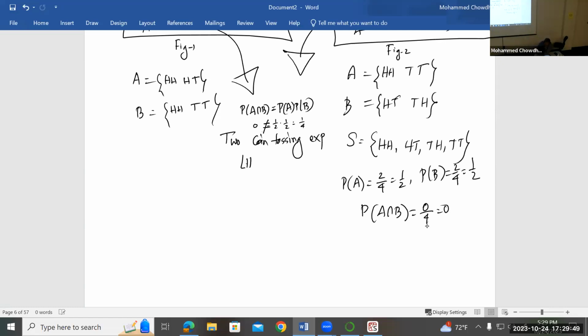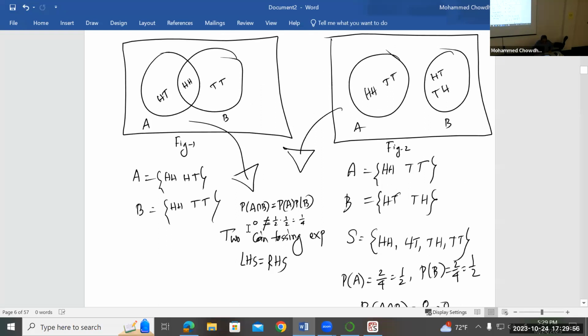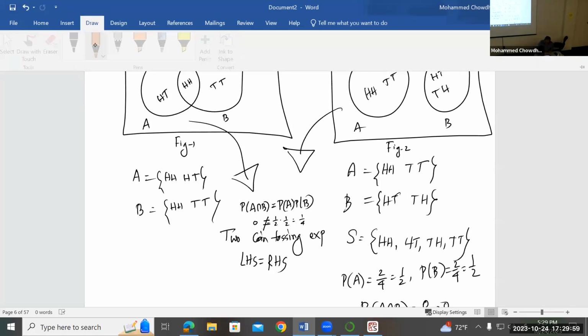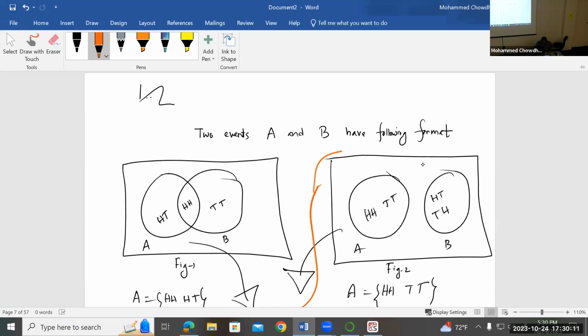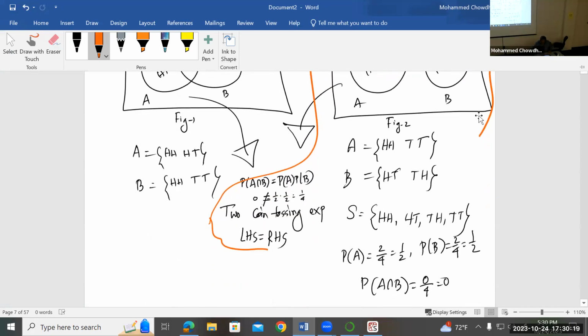So left hand side is not equal to right hand side for this scenario. Clear, right?